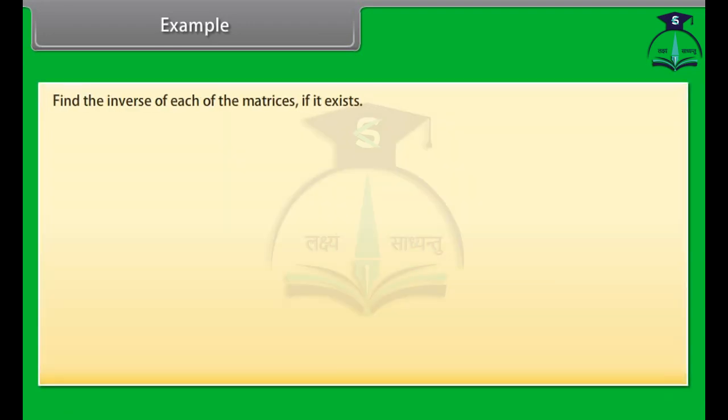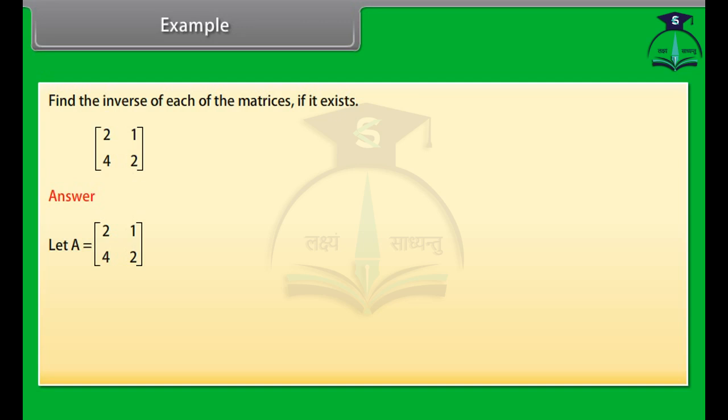Example. Find the inverse of the given matrix, with first row 2, 1 and second row 4, 2. Let the given matrix be A. We know that A can also be written as IA.